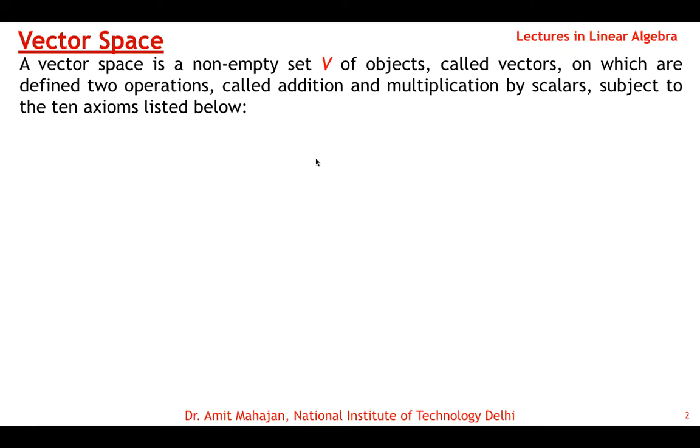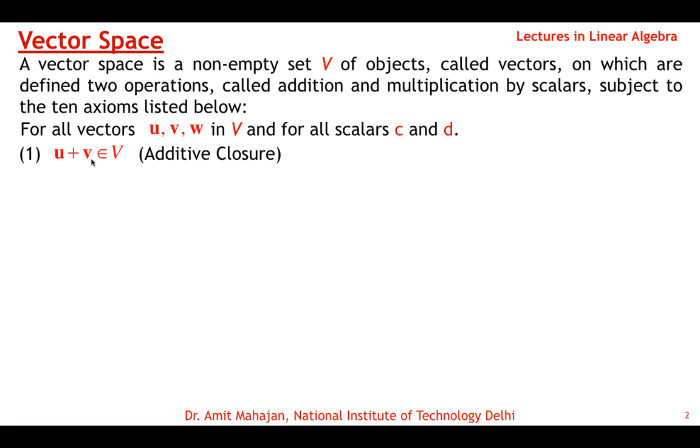Okay, so the 10 axioms say that, let us say we have some vectors in this V. So for all vectors u, v, w in set V, and for all scalars c and d, the first axiom says that if we take any two vectors of the set, then their sum is also in the set.